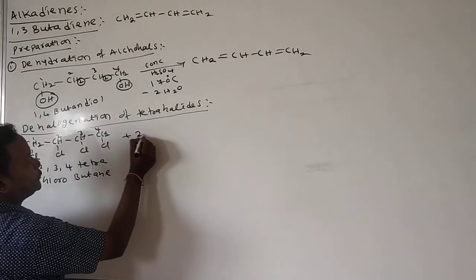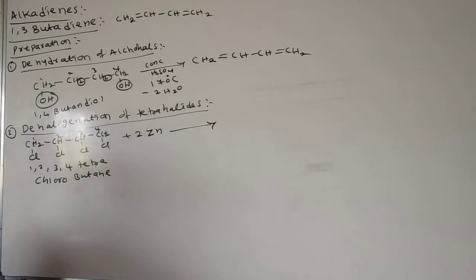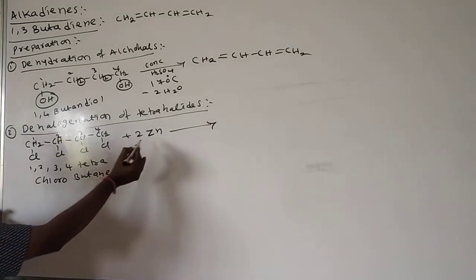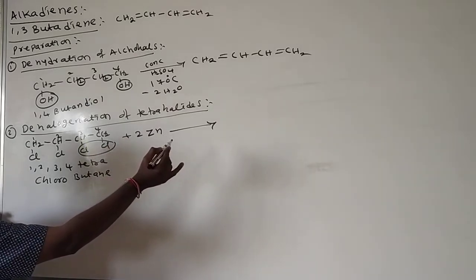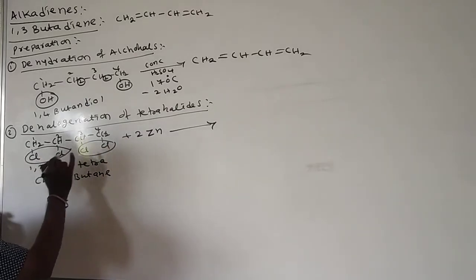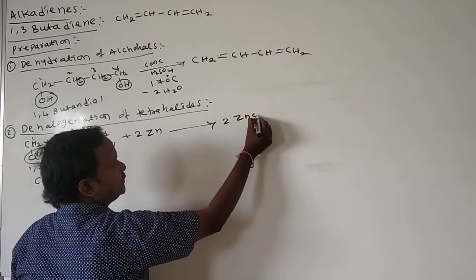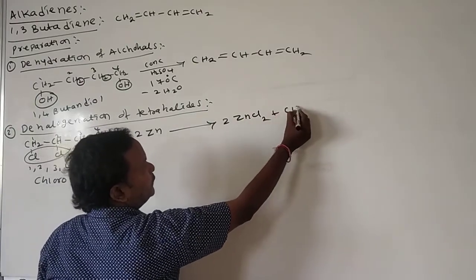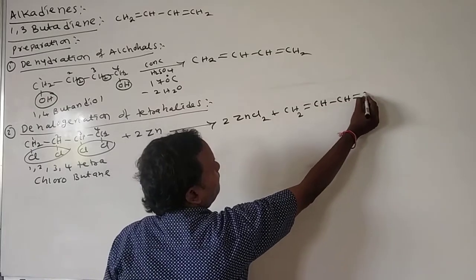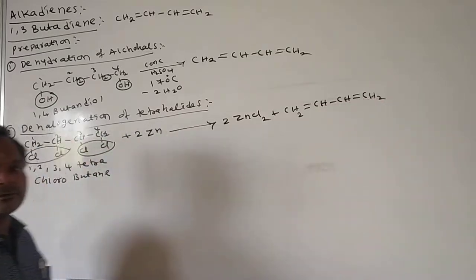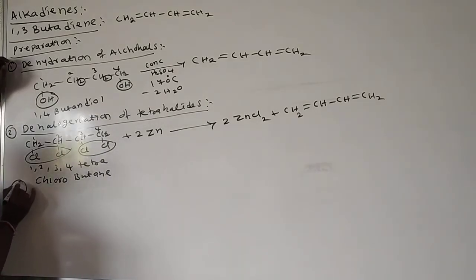It reacts with two moles of zinc. One mole of zinc reacts with Cl2 and forms zinc chloride. The second mole of zinc reacts with Cl2 and forms zinc chloride. That means two moles of zinc chloride are released and it forms 1,3-butadiene. This is one more important reaction, dehalogenation.